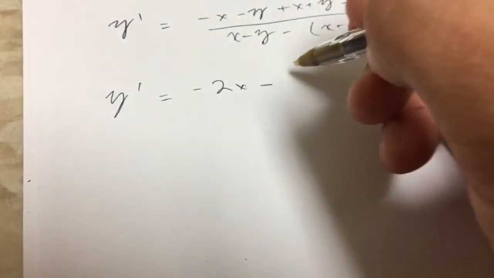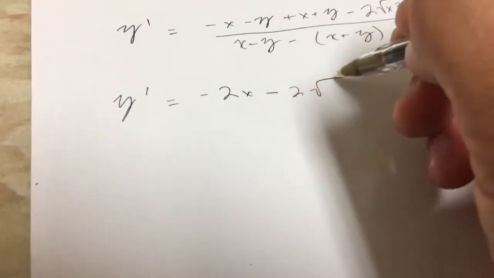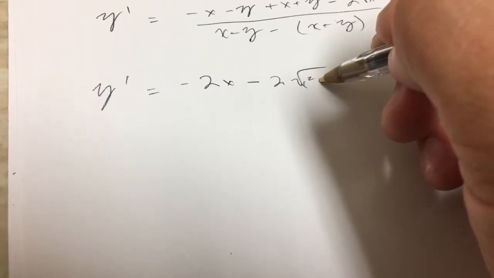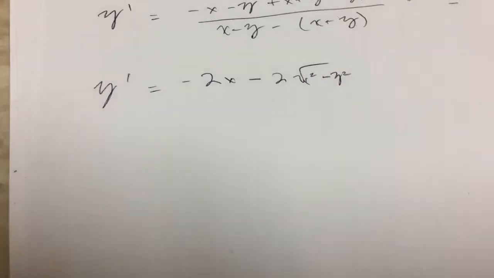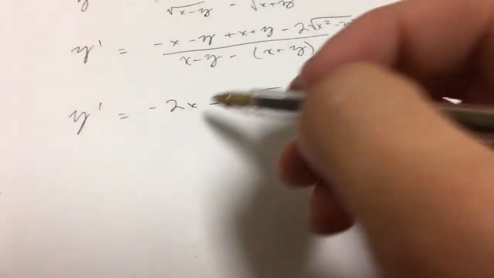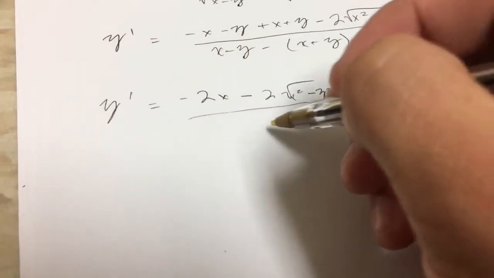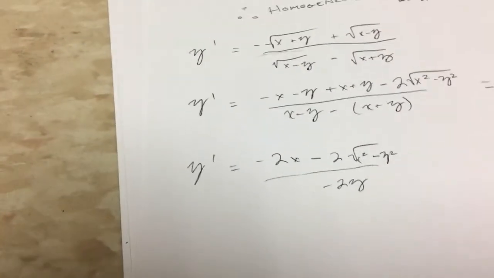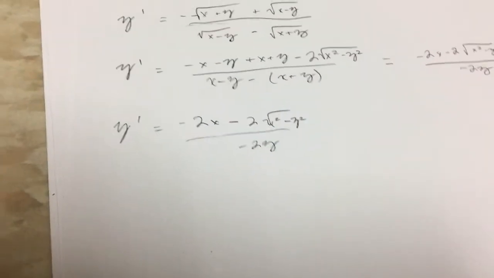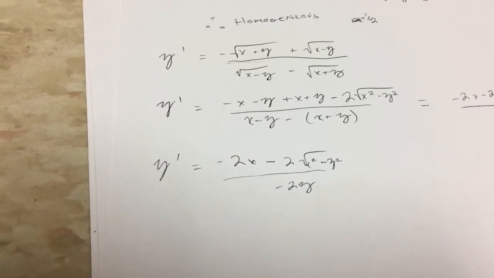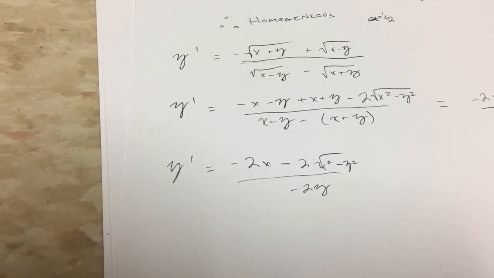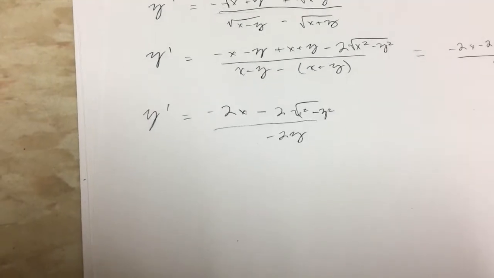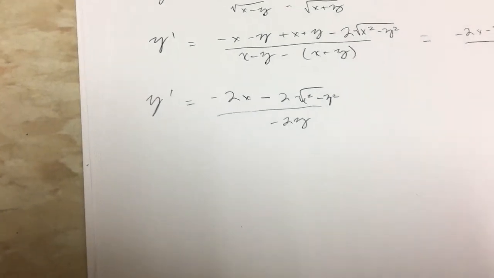So y prime equals negative 2x minus 2 square root of x squared minus y squared over negative 2y. Right now I'm just reiterating what was written over there. And because it's homogeneous, you're going to replace the y with vx and the y prime with v prime x plus v.